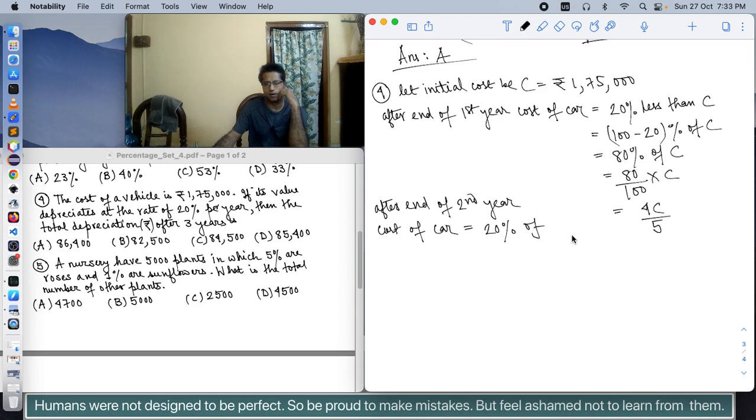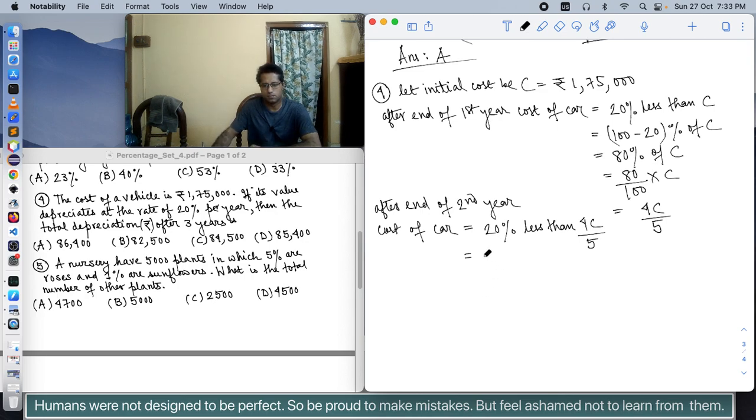Based on the cost of the car at the end of first year, which is 4C by 5. So it will be 20% less than 4C by 5.